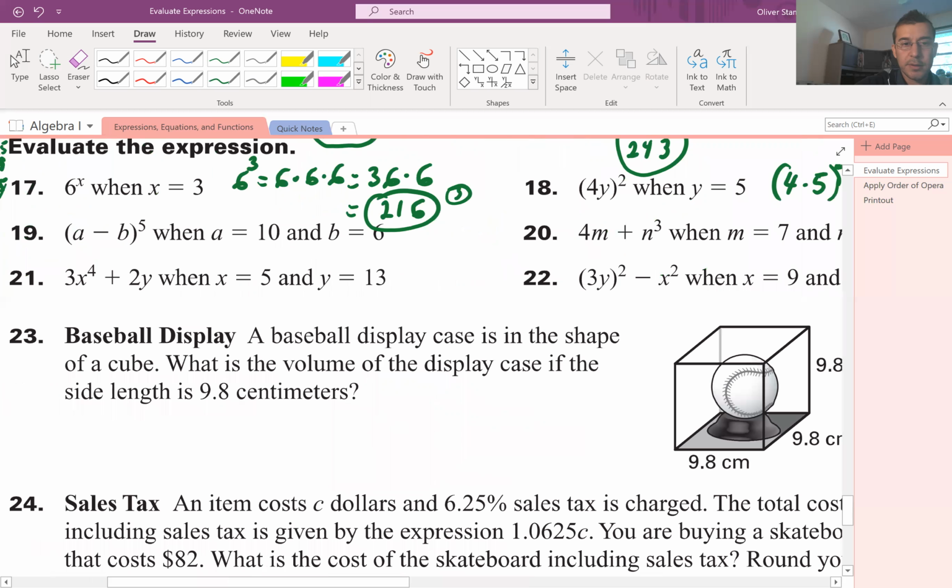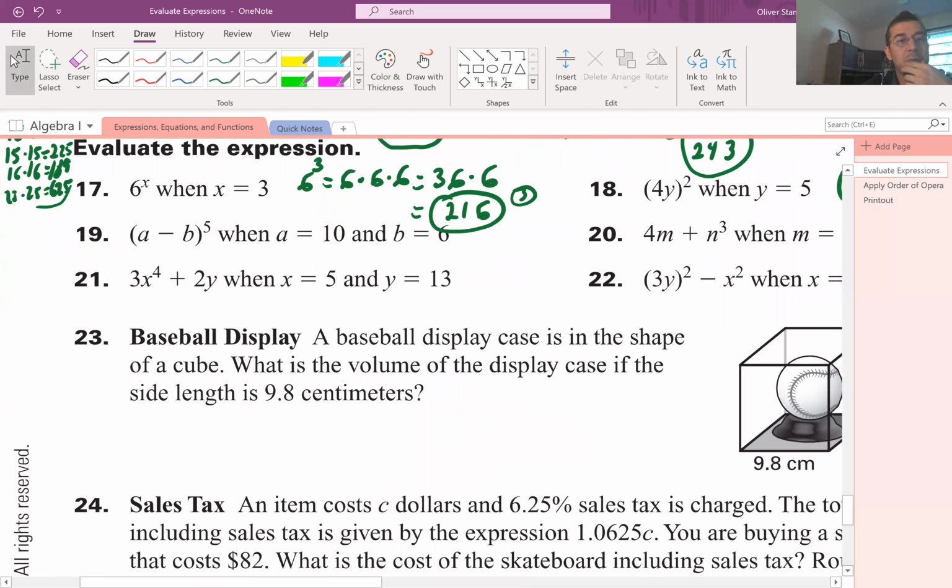Okay, 19, a minus b in parentheses to the fifth power. So a is 10, so 10 minus, b is 6, so 10 minus 6 to the fifth power. What is 10 minus 6? 4, right? 4 to the fifth power, or that is 4 times 4 times 4 times 4 times 4. 4 times 4 is 16, right?